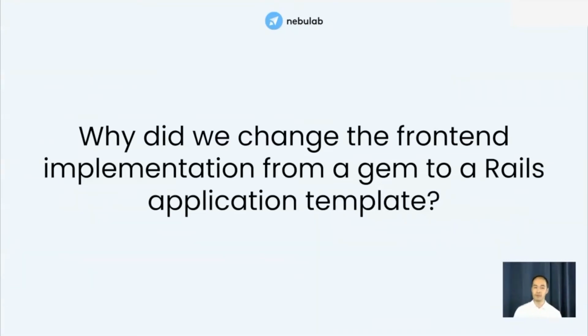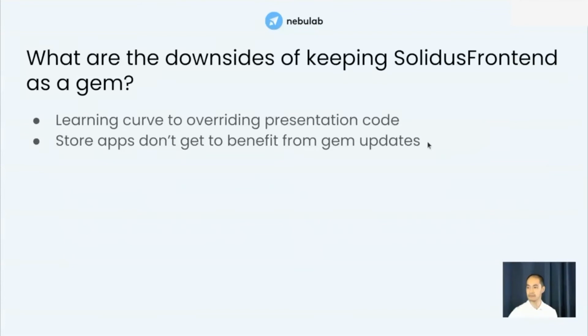So why did we change the front-end implementation from a gem to a Rails application template? Let's consider first, what are the downsides of keeping Solidus Frontend as a gem, which it is currently?